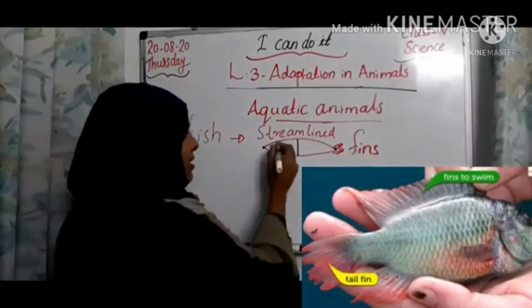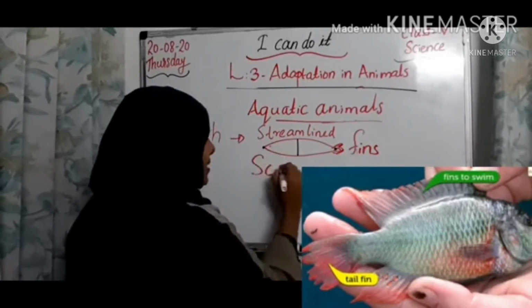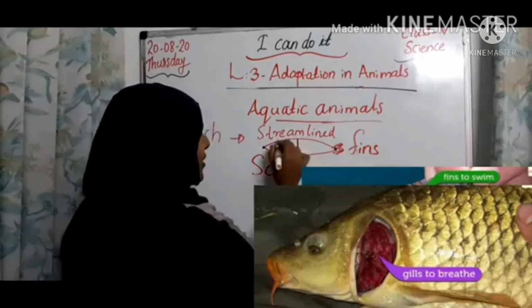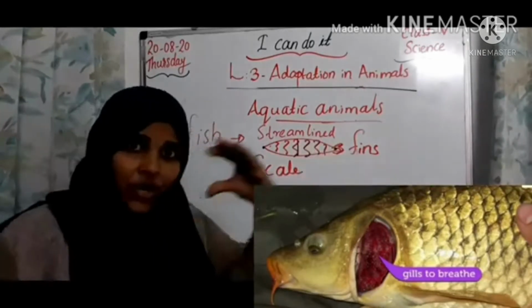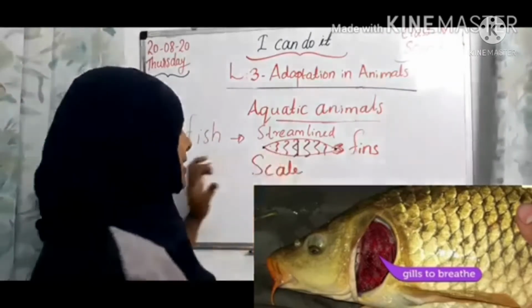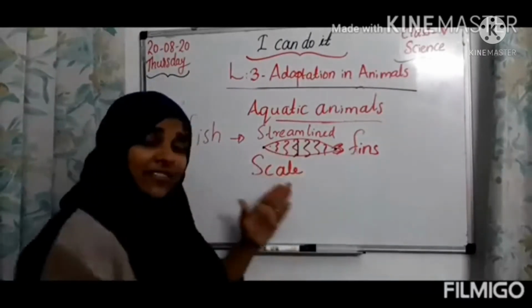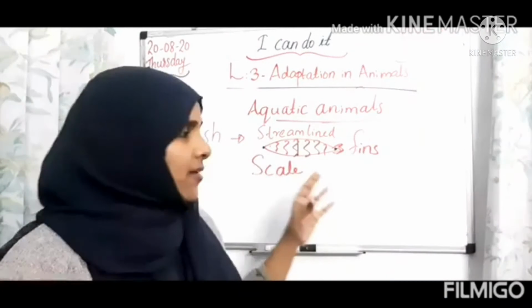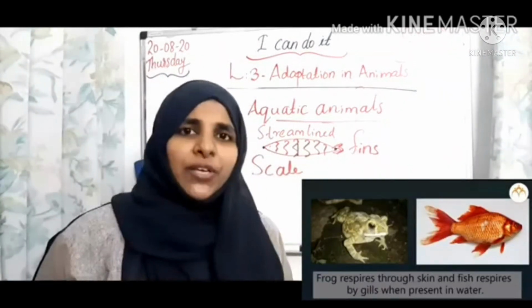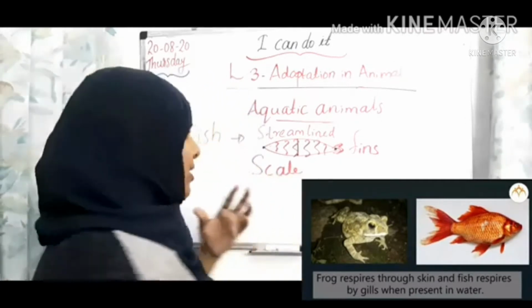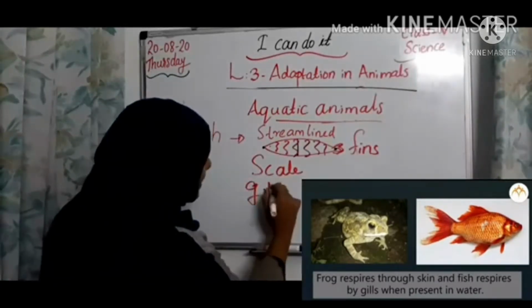Then fish have scales. What is a scale, children? The scale helps protect their body. And how are they breathing, children? How is a fish breathing? Is a fish breathing through lungs? No, a fish is breathing through gills.